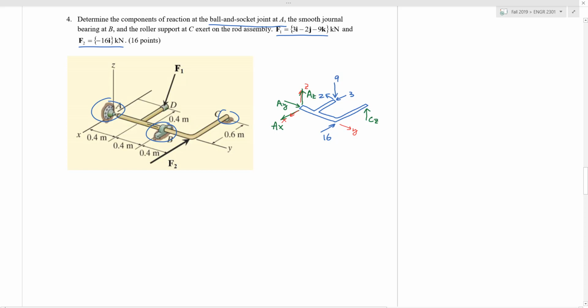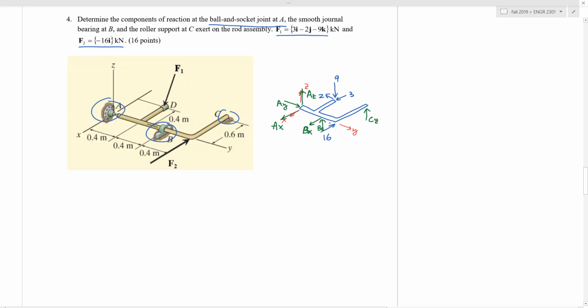What about the smooth journal bearing at point B? If you remember, it does not allow force in the x and z direction, so we will have BX and BZ.